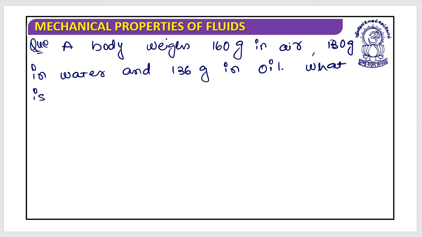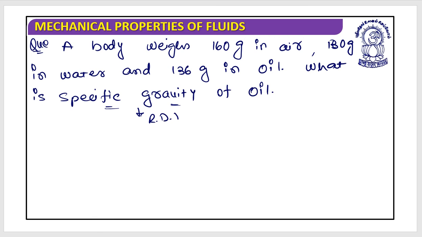What is the specific gravity of oil? Specific gravity is the relative density. So how will I do this? I need to find out the specific gravity or the relative density of oil.